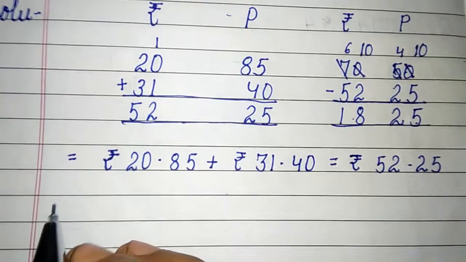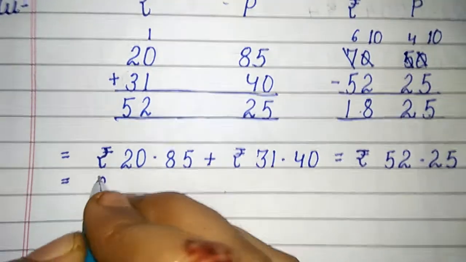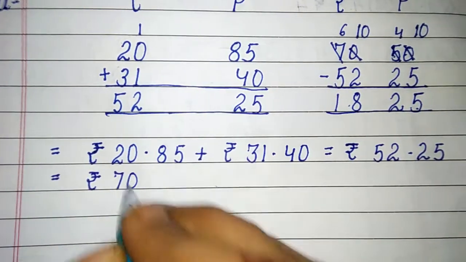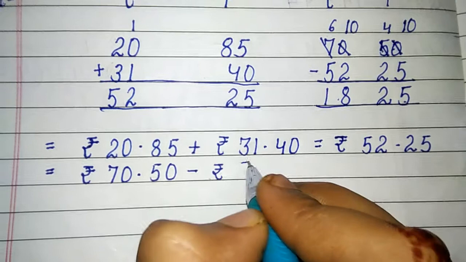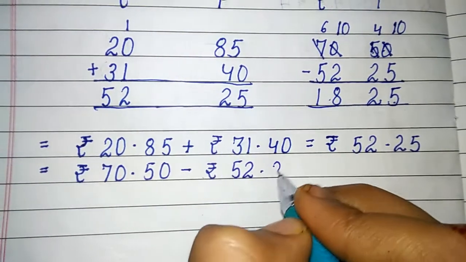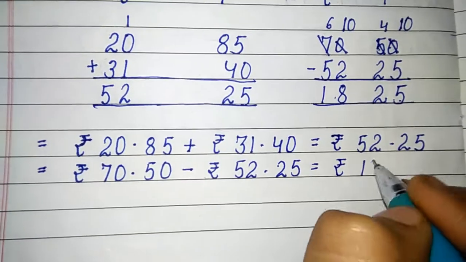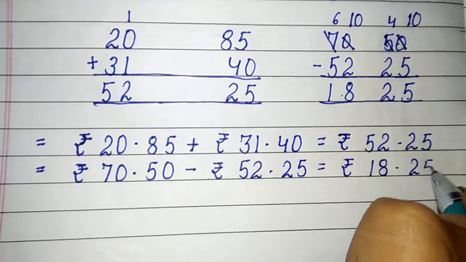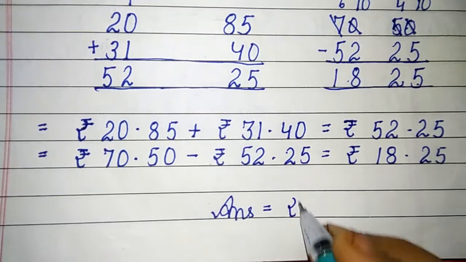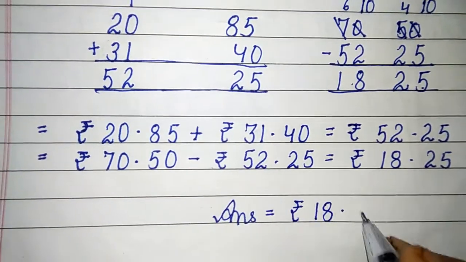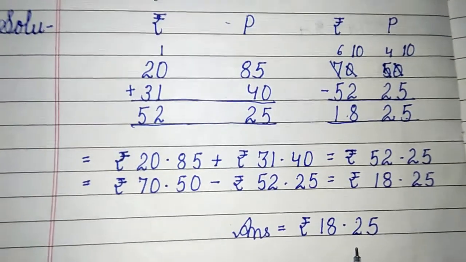Now write here 70.50 minus 52.25. Answer is rupees 18.25. Write here answer rupees 18.25. Is that clear? Once see again.